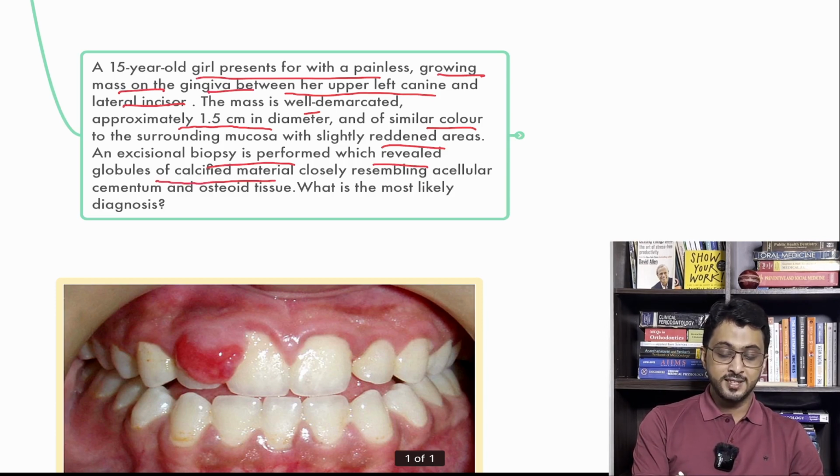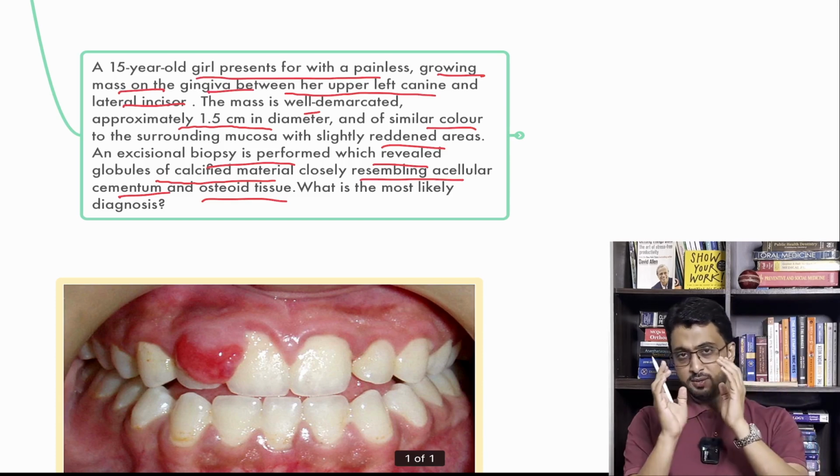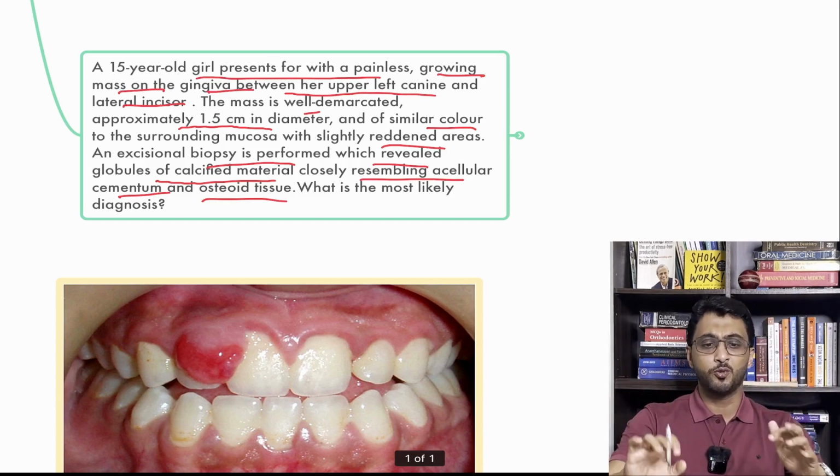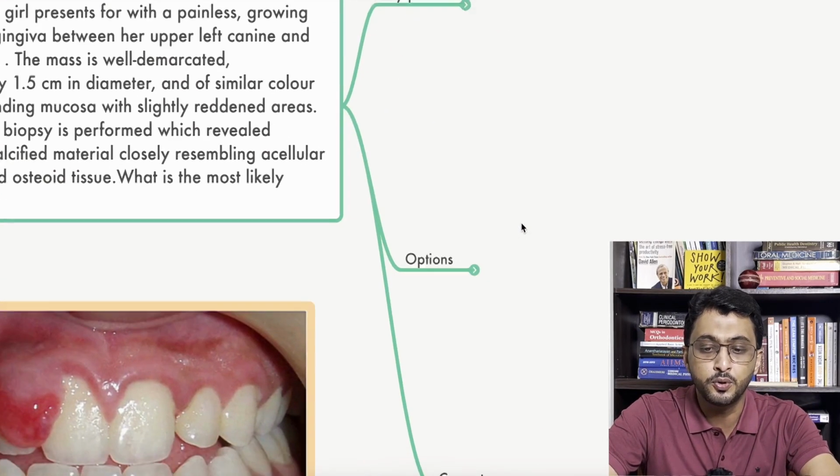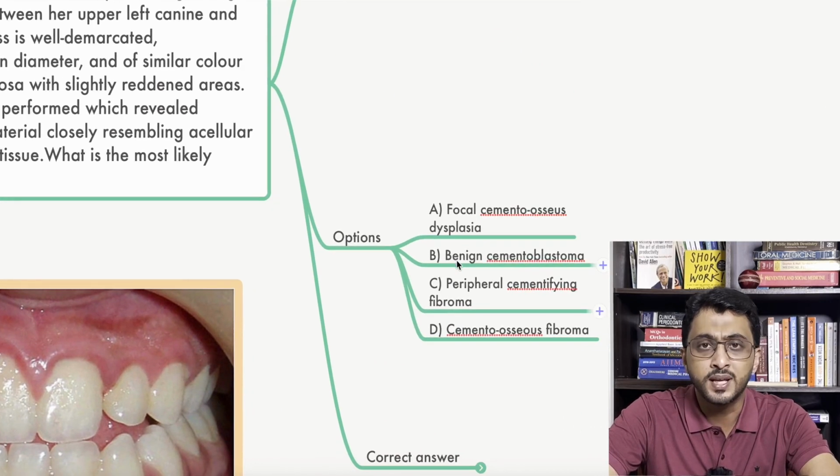Revealed globules of calcified material in a soft tissue lesion, closely resembling acellular cementum. Now cementum, osteoid tissue, bone. So a soft tissue lesion with cementum, osteoid tissue, very typical of what? Jump to option C, which is focal cemento-osseous dysplasia.